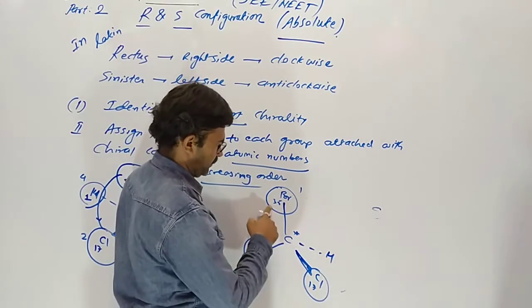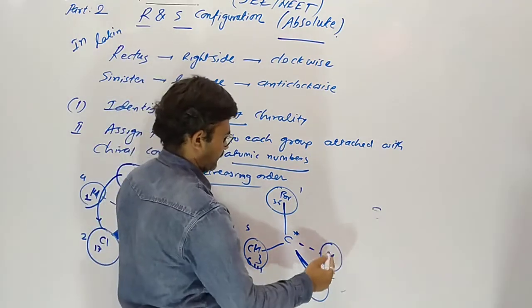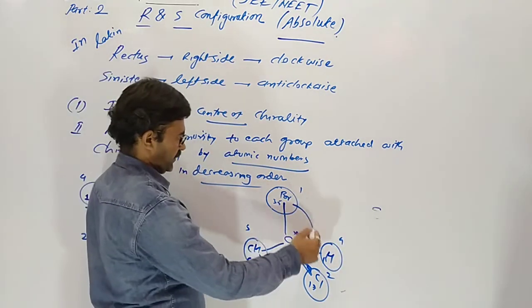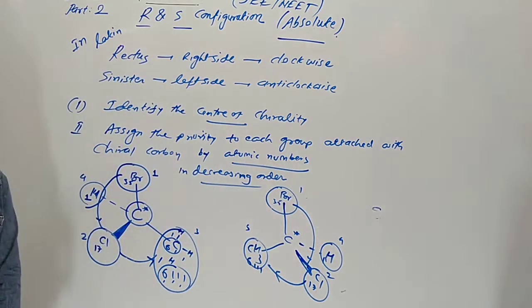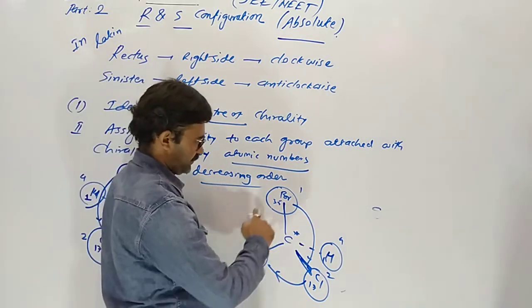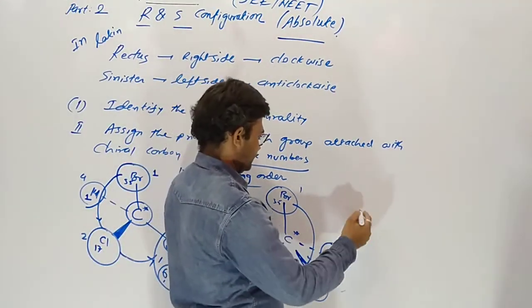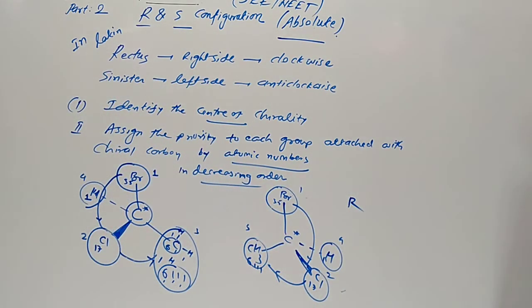Chlorine atomic number 17, second, then third and fourth. Now in reading, it comes 1, 2 and 3 clockwise. Don't read number 4, only read 1, 2, 3. 1, 2, 3 comes clockwise in reading, so it is the R configuration. This is in the 3D structure.